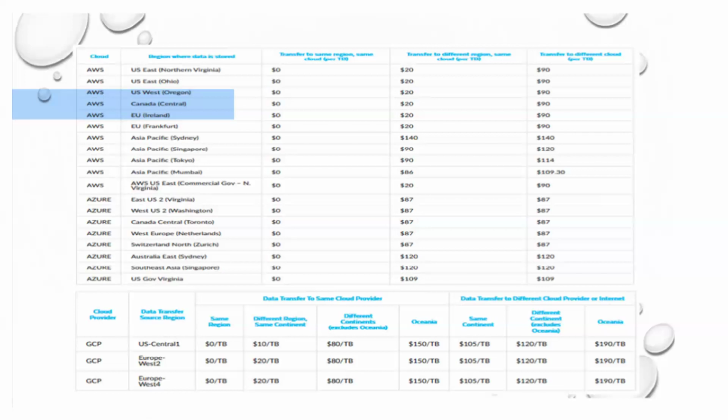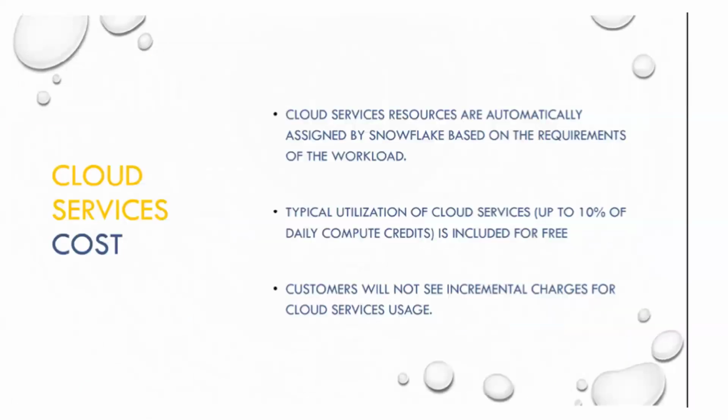Data transfer cost. I hope you got it: what is data transfer cost, what is the storage cost, and what is the compute cost. We also have a cloud services cost, which is applicable to every user. This cloud services cost will not be visible to us in the interface. We will see only compute cost, storage cost, and data transfer cost.